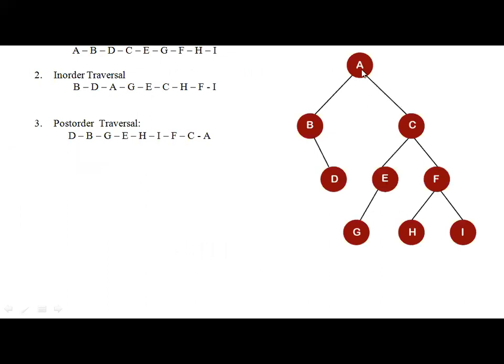Now we'll take a simple example binary tree here. Then we'll see its pre-order, in order, and post order traversal. Now if you see this, the first one is pre-order traversal.